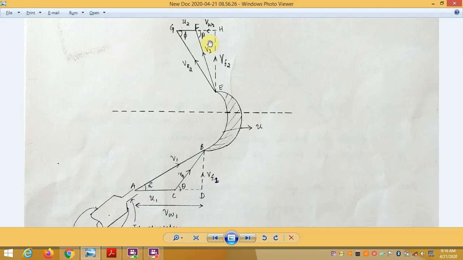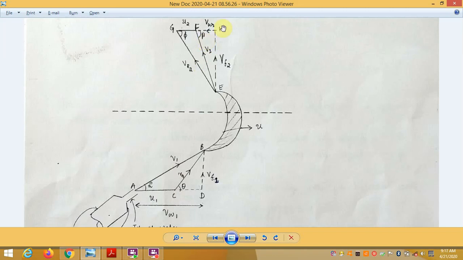Alpha and beta are the angles made by the absolute velocities with the horizontal, at inlet that is alpha, and at outlet that is beta. That is also called the guide blade angle.